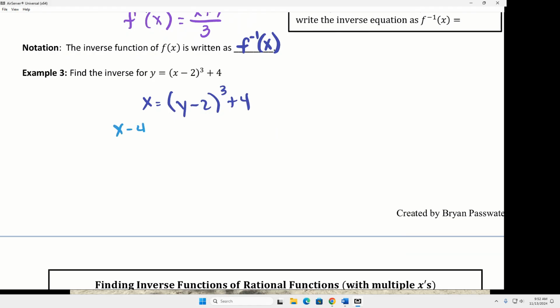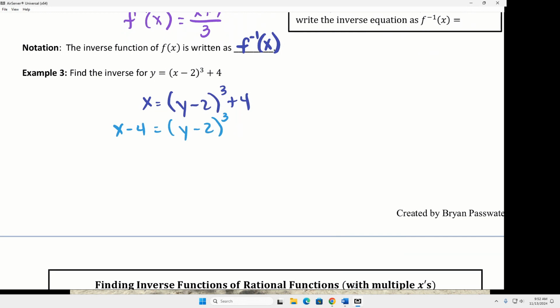Right. Now we can't get to this y if there's a power on the outside of the parentheses. So how do you get rid of a cube? Cube root. Thank you for saying that.